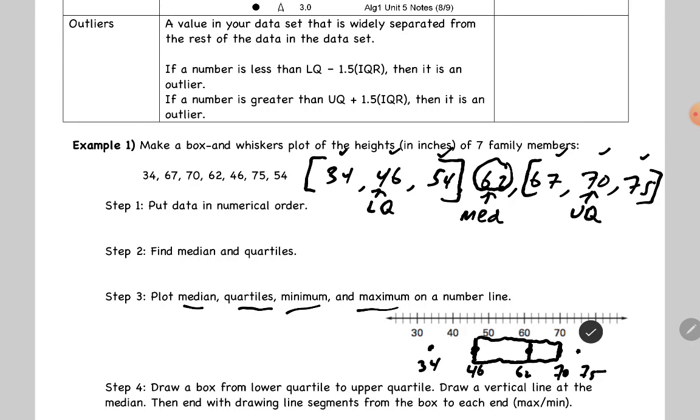So here's the box in box and whisker. And then our two whiskers are like that. And that's how you do it. So plot your median, quartiles, minimum, and maximum. You draw your lines at median and quartiles. You make a box and then attach your whiskers.